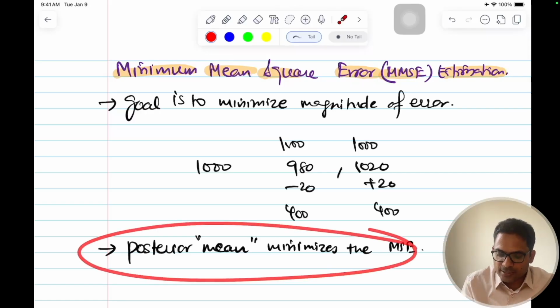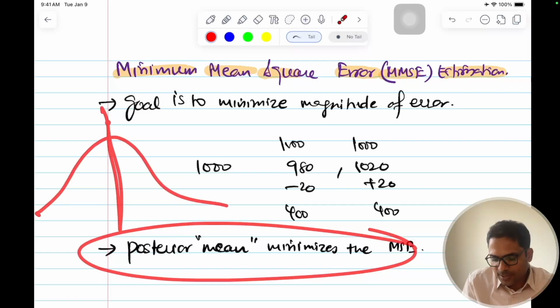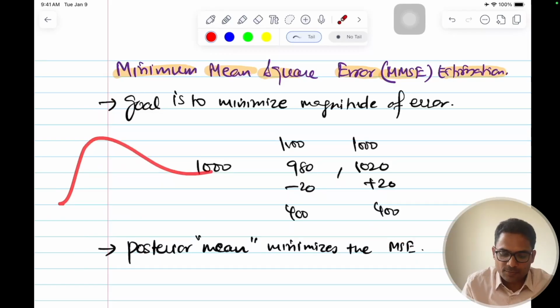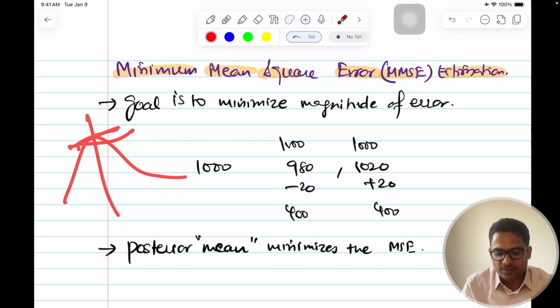So if I have the posterior distribution and I predict the mean, the whole net mean squared error will be reduced. So I want to predict what the mean will be. Earlier, what did we do for MAP? We found the peak of that distribution.